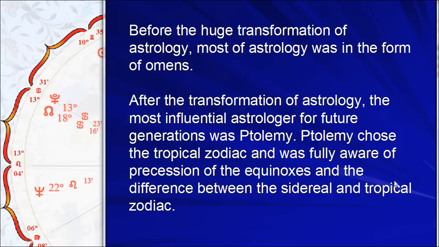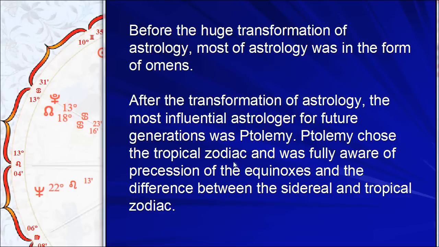And the person who has the biggest influence on later generations, right up to now, is Ptolemy. Ptolemy wrote his very famous work, now known as the Tetrabiblos. And in the Tetrabiblos, Ptolemy states that he uses the tropical zodiac.